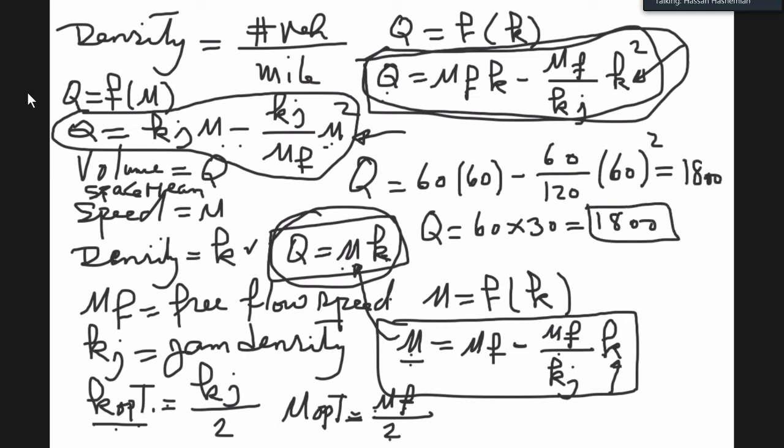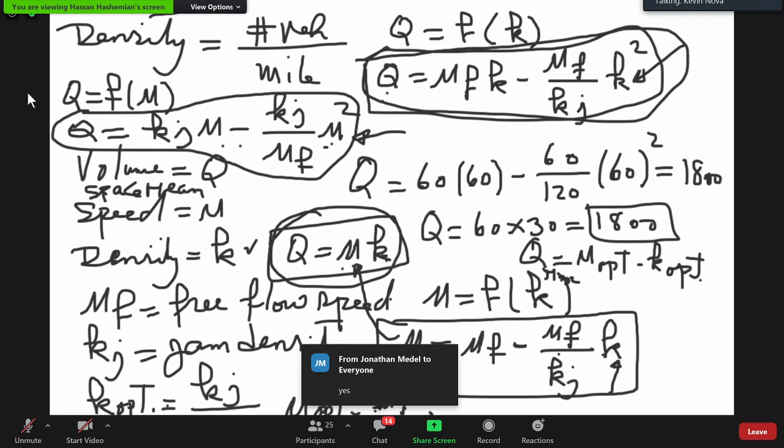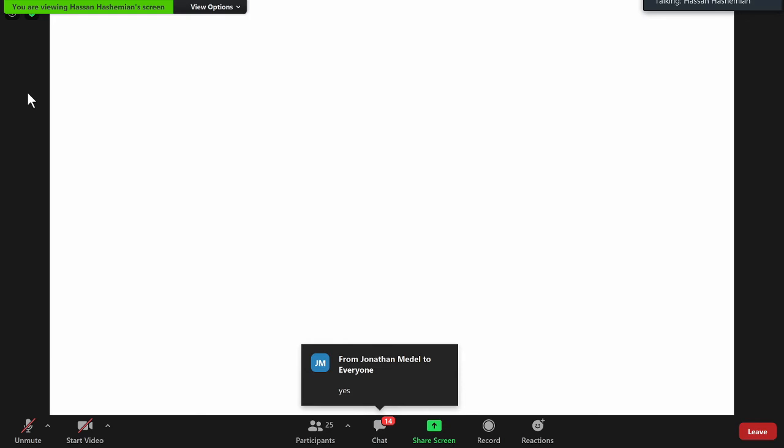If you put the other one, it will be 1800. Several ways you can get the capacity. So this would be Q as mu optimum times K optimum. That'll give you the maximum or capacity. All right? Is that clear to everyone? Yes. So if a problem like this is given to you on the exam, you should be able to do it very easily, correct?